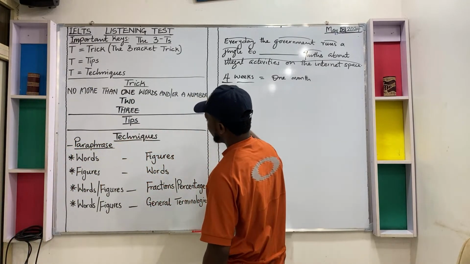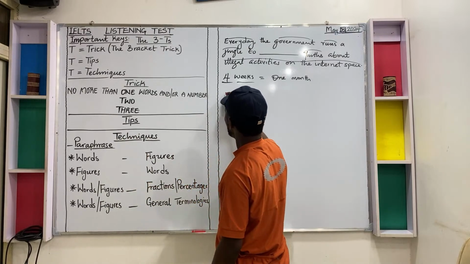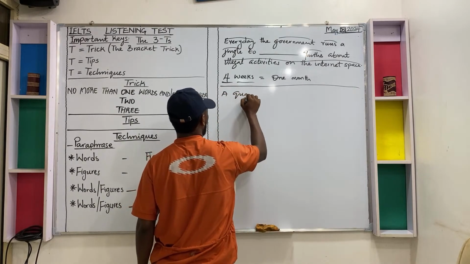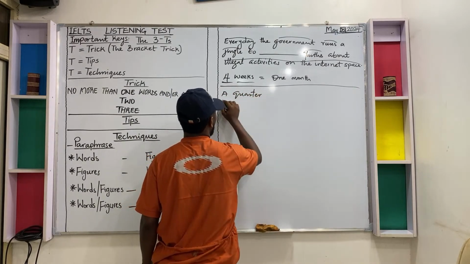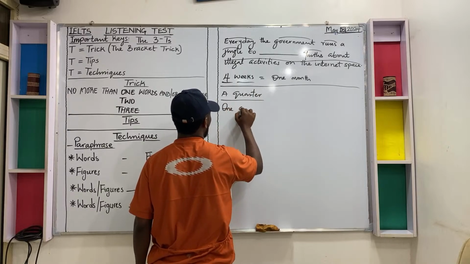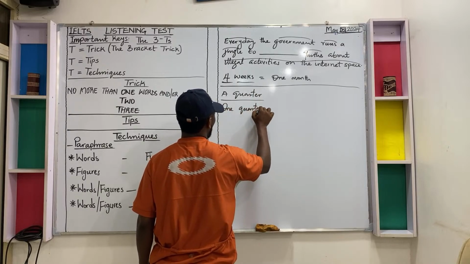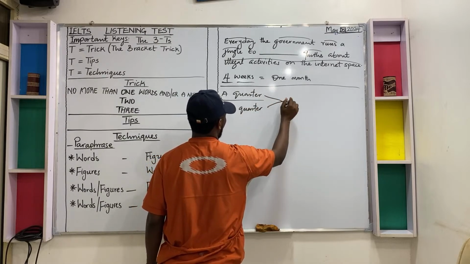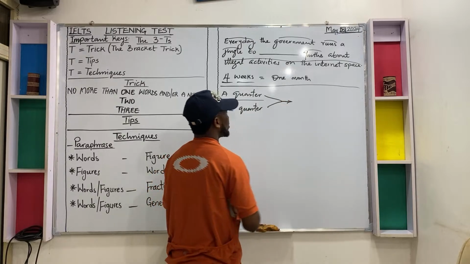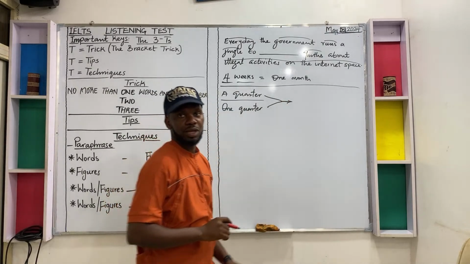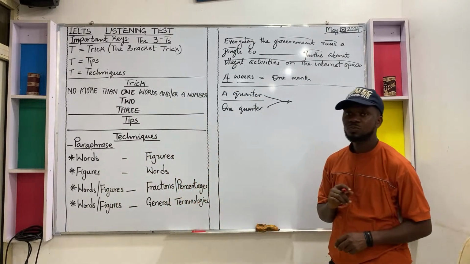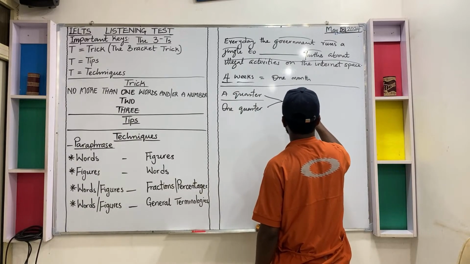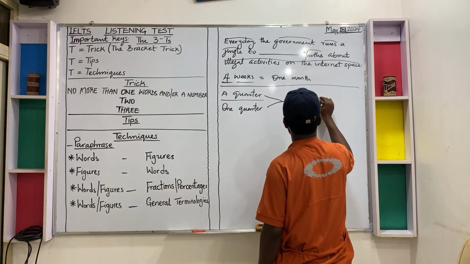Now, words or figures to fractions. When you have something about a quarter or 1/4, a quarter means 1/4 of a particular thing.